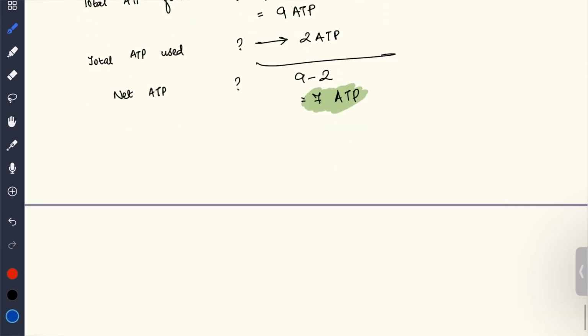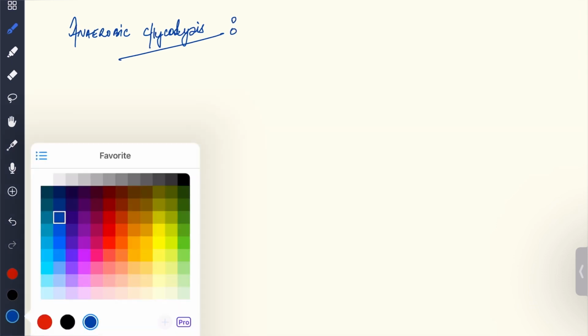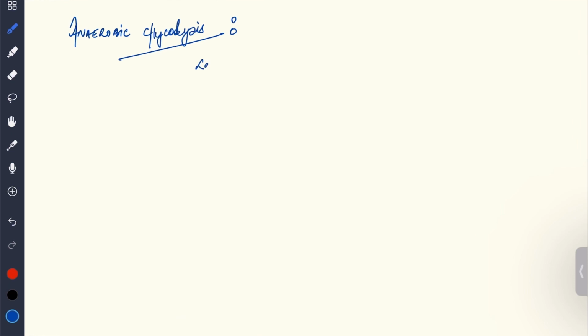Now I will talk about anaerobic glycolysis. Anaerobic, I just told you, is in the absence of oxygen, because there is no mitochondria in the RBC, so there will be no oxygen, so there will be anaerobic glycolysis. And what is the end product which is formed in anaerobic glycolysis?